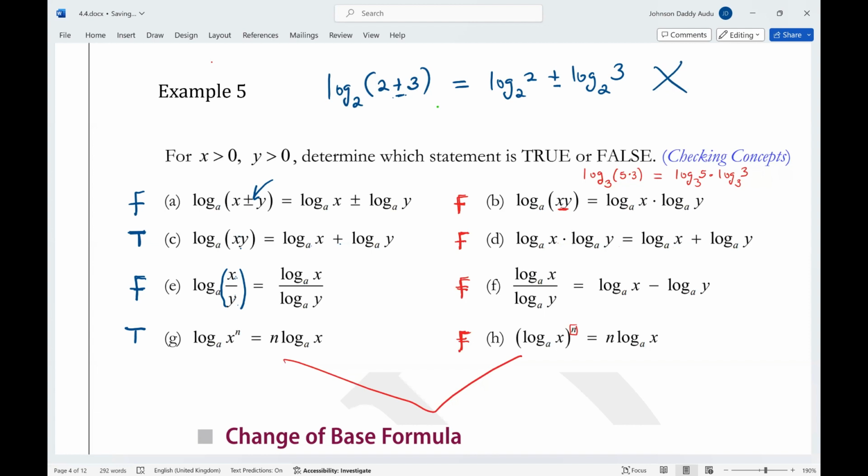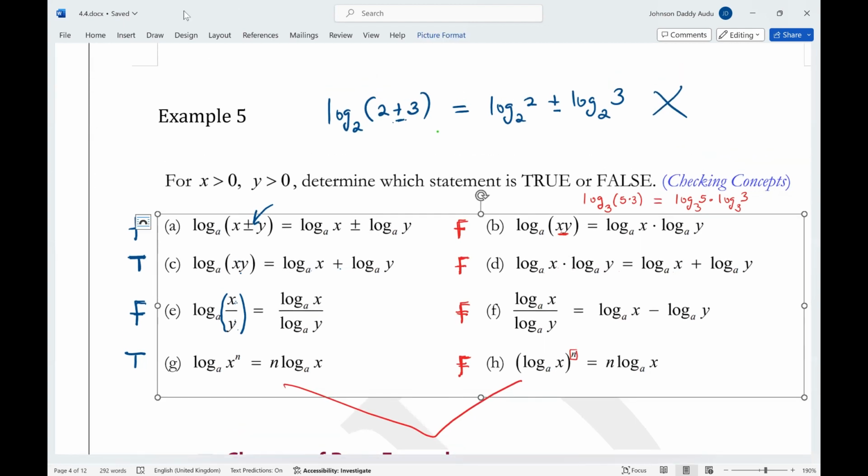We've done basically three laws. The multiplication law, we've done the multiplication becomes addition, subtraction, division becomes subtraction, then the power, you can bring the n down. So I think this is it for now.